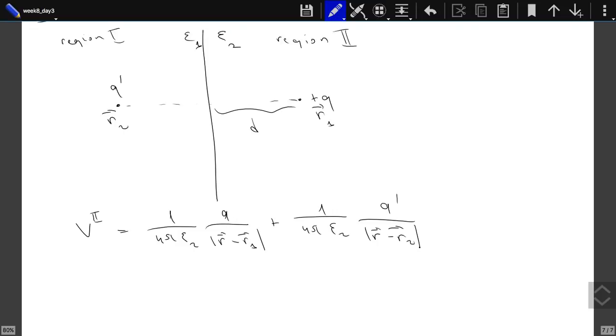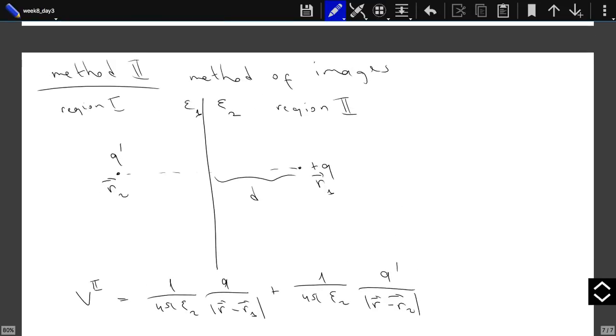Or you can also look at it the other way, in this way. These images are basically the charges in this region, at this surface. So their electric field is always in epsilon 2. Their electric field never goes in region 1. It's just, it looks as if it is coming from this point.